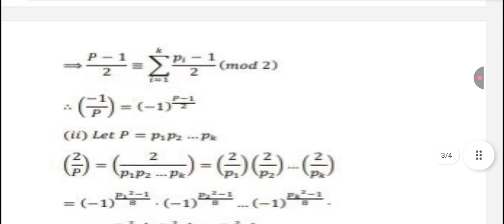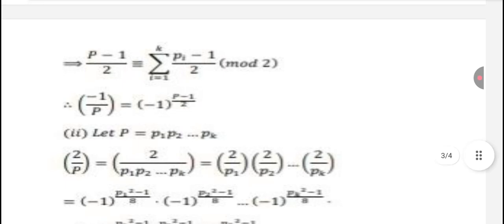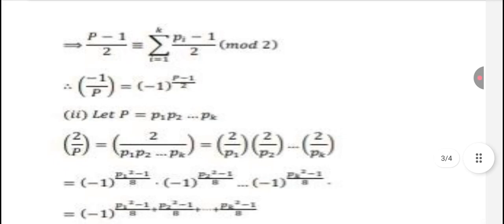Now this is nothing but minus 1 to the power of (P1 square minus 1) by 8, and the second term is going to be minus 1 whole to the power of (P2 square minus 1) by 8, and so on, minus 1 to the power of (Pk square minus 1) by 8.